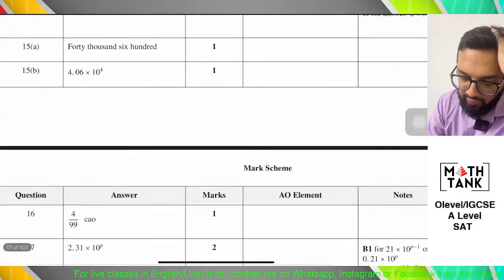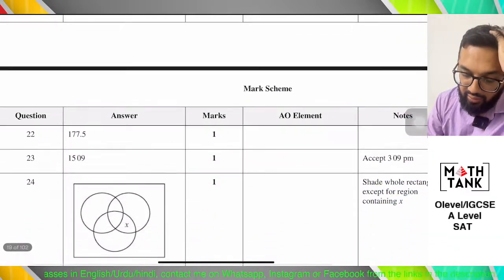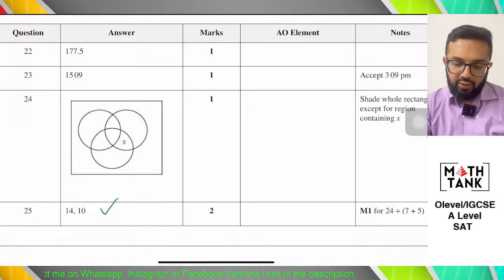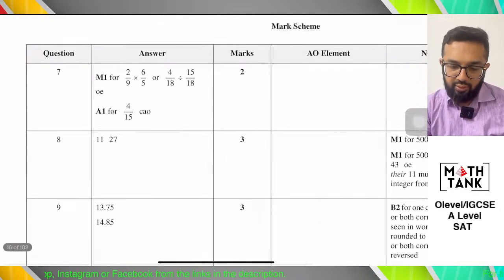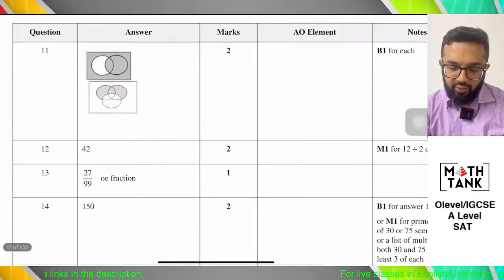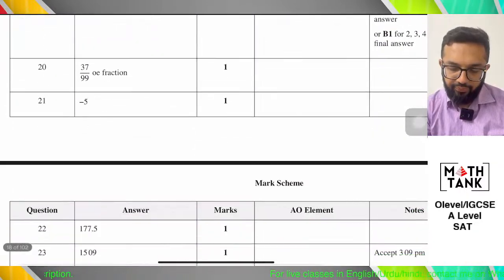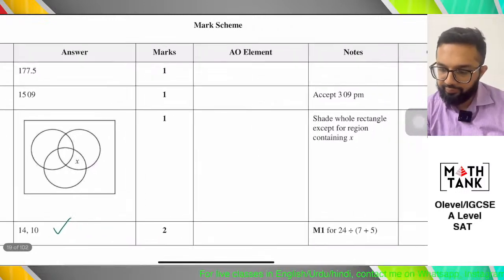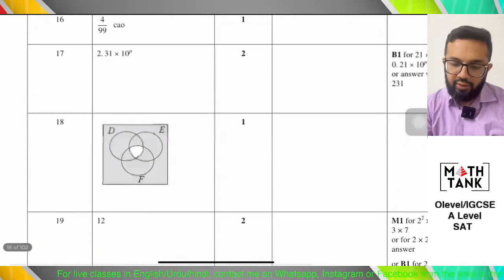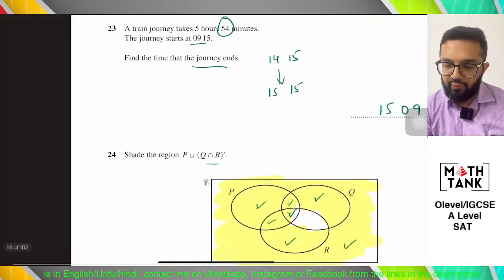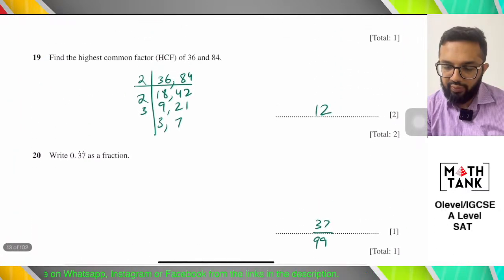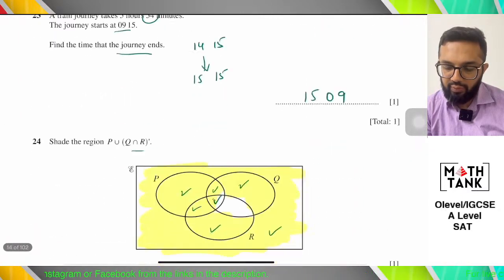Let's quickly check if we got the answers right. I may have made a mistake, I can't be absolutely sure. So 14 and 10 was right. Yeah, the shading was also right. 1509 was also right. Did I answer 177.5? Yeah, and then minus 5, 37 over 99 and 12.